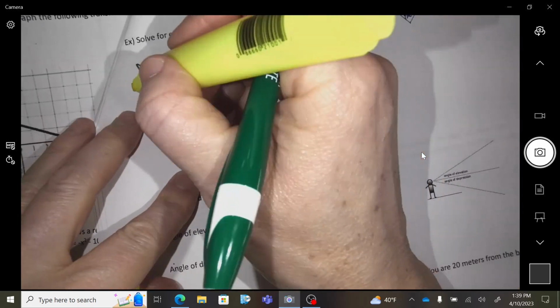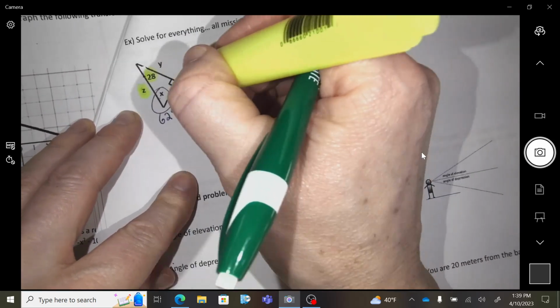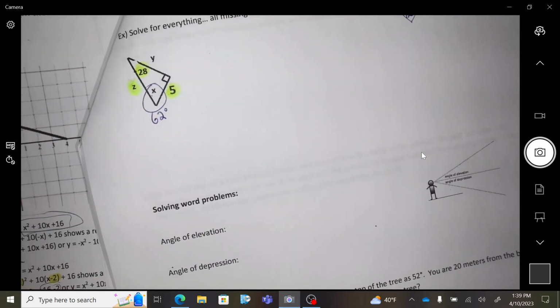The Z, okay. So if you were to use those 3 pieces of information, can you set me up some kind of SOHCAH or TOA ratio?